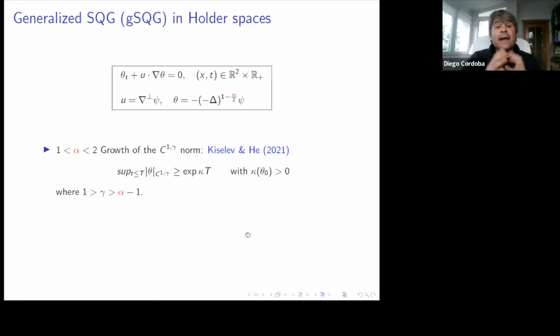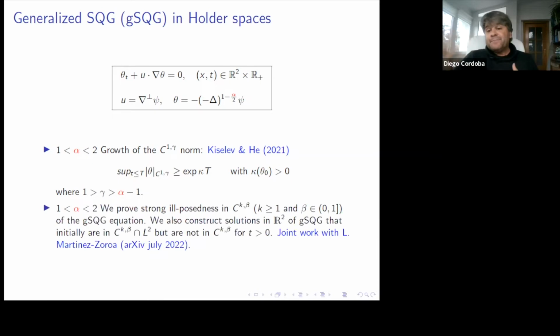So Hölder spaces for alpha bigger than 1. Well, in that case, Kiselev and collaborator, using the same approach, show that the C^{1,gamma} norm also grows exponentially in time. And this is for alphas bigger than 1. There's a relation between gamma and alpha, where gamma has to be strictly bigger than alpha minus 1.